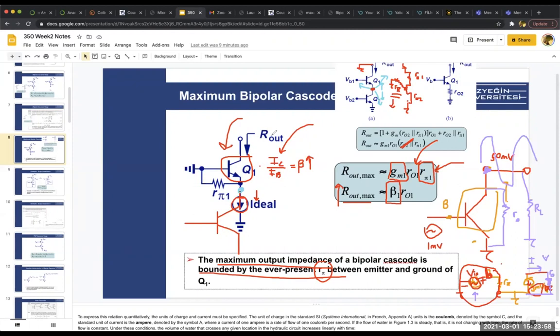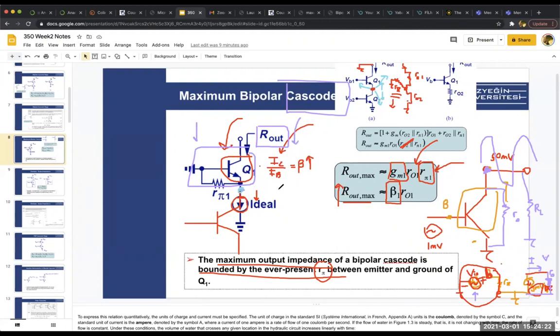And that is exactly the point of a cascode. The entire point of a cascode is to get the R out impedance to be high, okay? So if we don't connect a cascode, R out will be small. We add another transistor, we do the small signal analysis, and we see that R out becomes big.